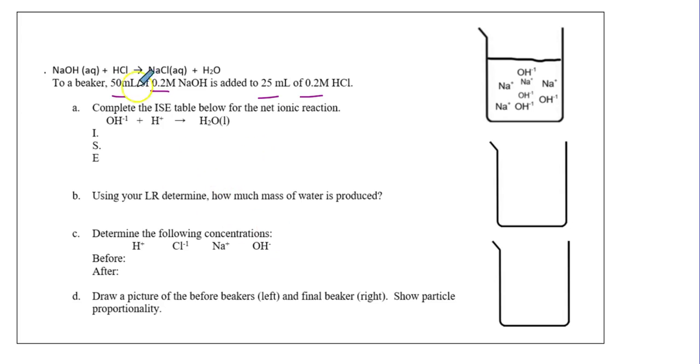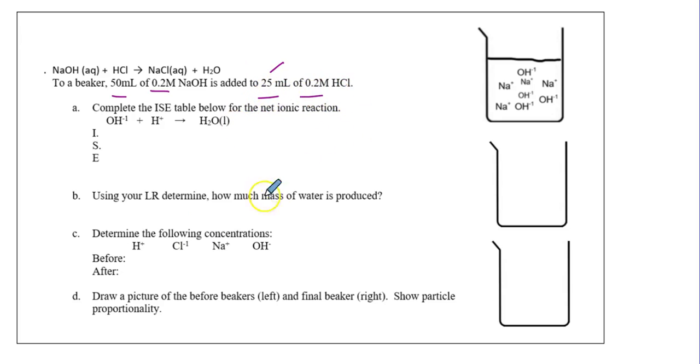Pause the video for a second and think about that. Okay, so in this case, we have same concentration, half the volume. Now, the last time we had half the concentration, half the volume, still the same thing. So this problem is extremely similar, except that we have half the volume causing the limiting.